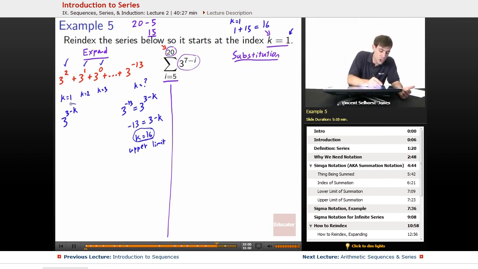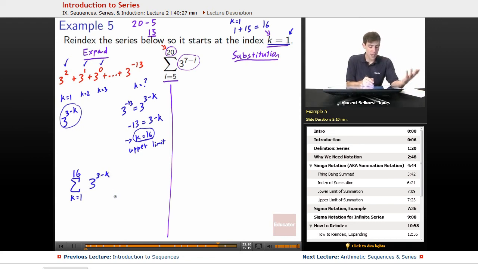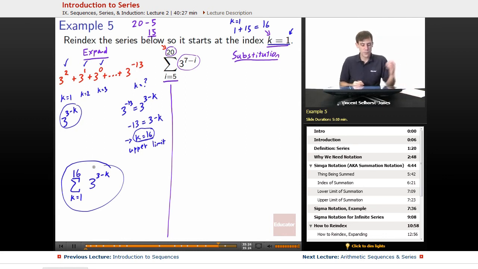So now we know what our general term is: 3 to the 3 minus k. We know what our upper limit is, and we know our index and starting lower limit, so we can write the whole thing out. We've got 16 as our upper limit, k equals 1 as the lower limit, 3 to the 3 minus k. Great. So that is our answer, and that's doing it through expanding as our method.